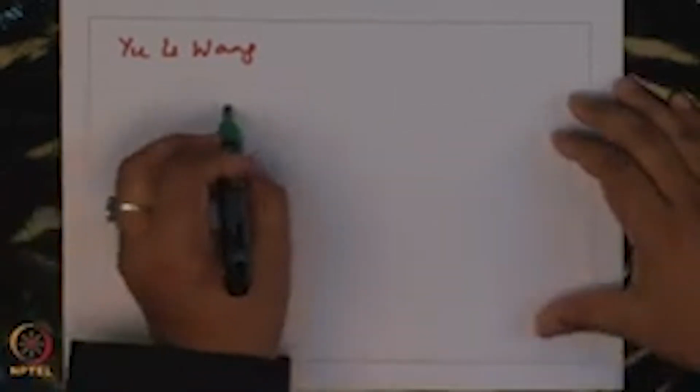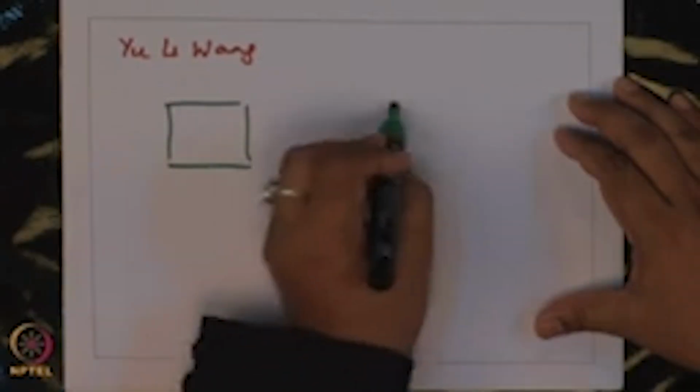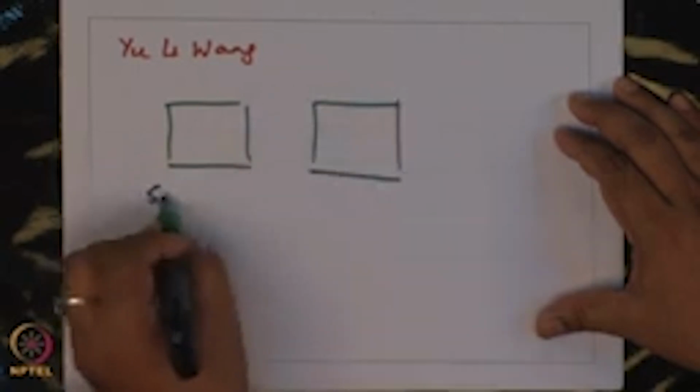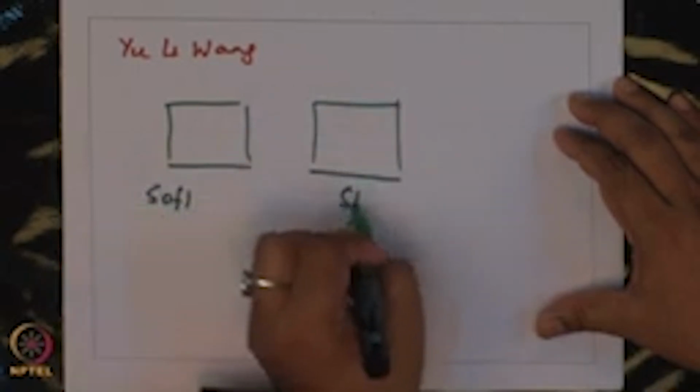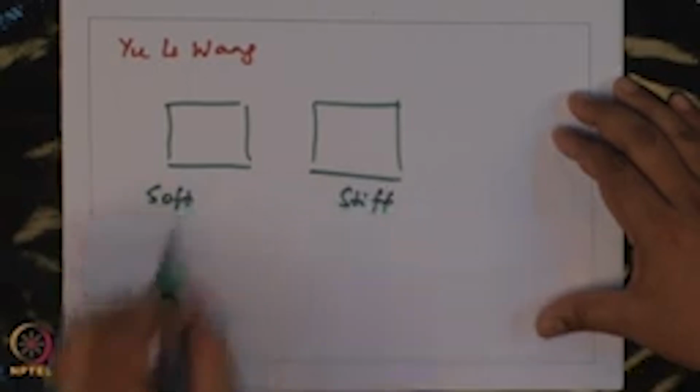Okay. One of the very first studies which attempted to understand this question was done by Yuli Wang. So, what he did was he created two substrates, one soft and one stiff.